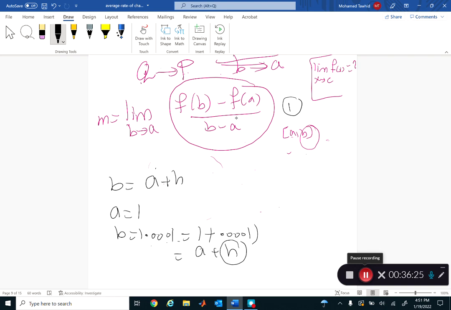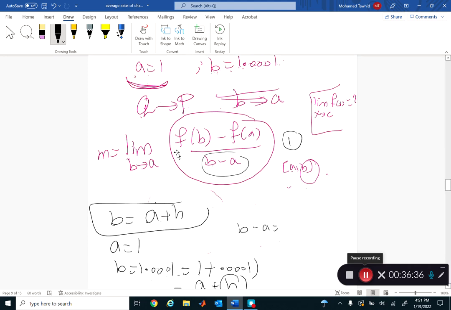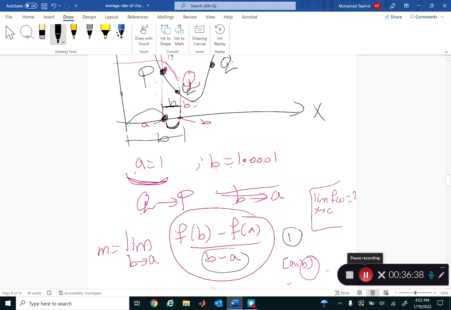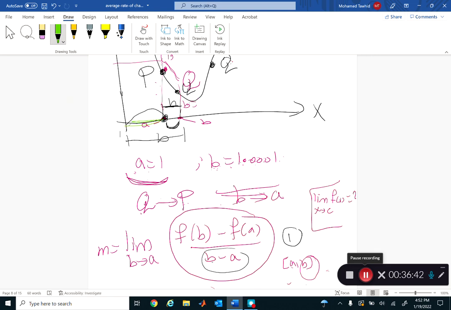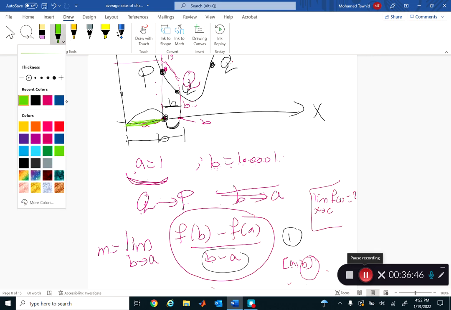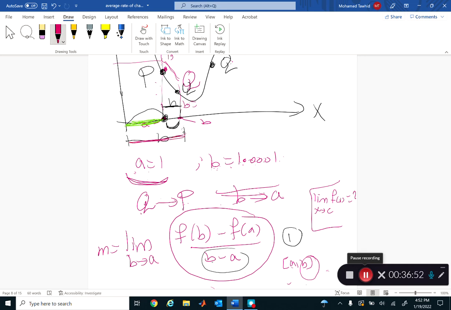So now, what do you have here, guys? You have b minus a. From this formula, b is a plus h. If you look at the graph, maybe I use different colors. Green is your a, the distance from here to there. Red is your b, the distance from here to there.